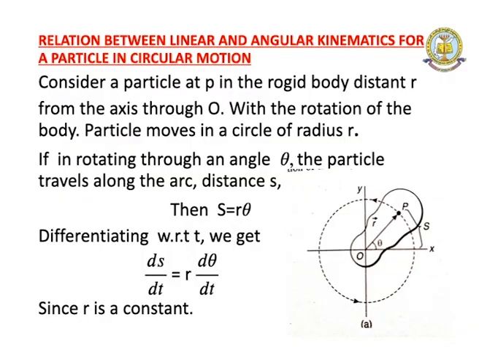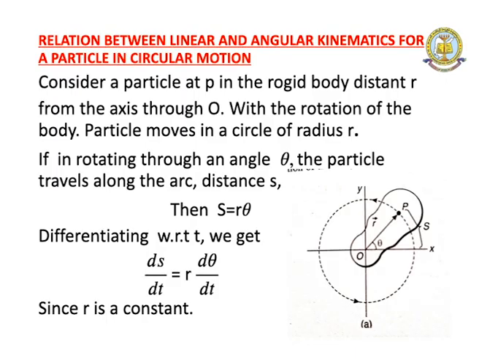So here the angular displacement is s is equal to r into theta, that is theta is equal to s by r. Now s is equal to r into theta, and differentiating with respect to t, ds by dt is equal to r into d theta by dt, as r is constant, the distance OP is equal to r.